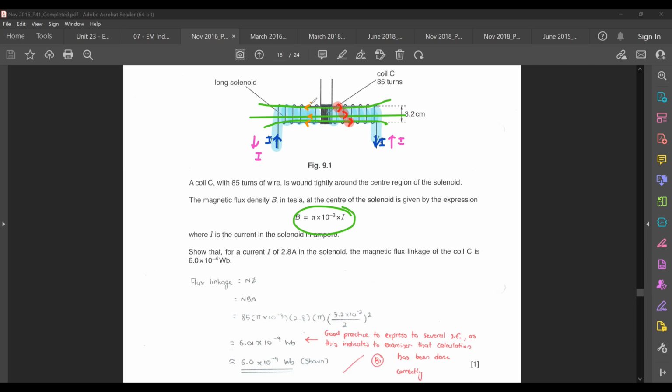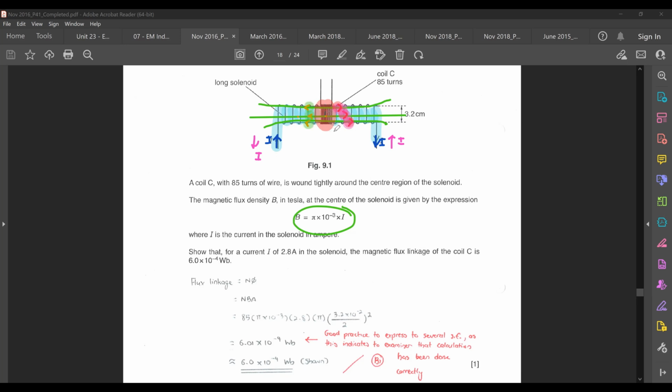All right. And again, this same magnetic field is passing through your coil C. So you can imagine that whatever magnetic field you have here is also the same magnetic field in coil C. So what the question wants you to do right now is to find out the EMF induced in coil C. There is going to be a change in flux linkage for coil C here, because originally the flux linkage through coil C was pointing towards the right, but now it is pointing towards the left.